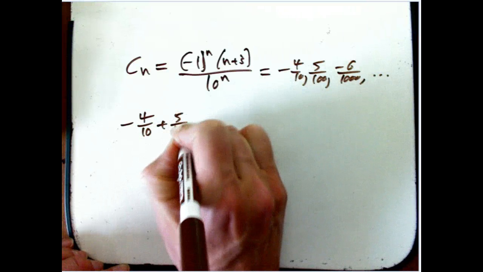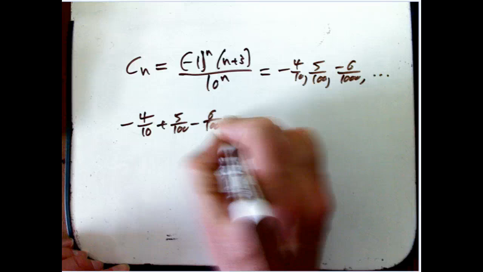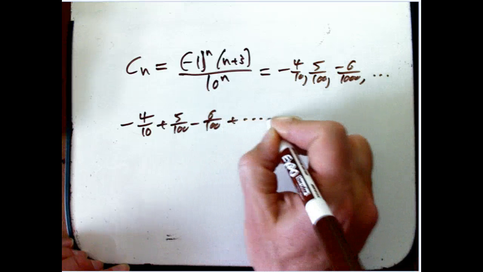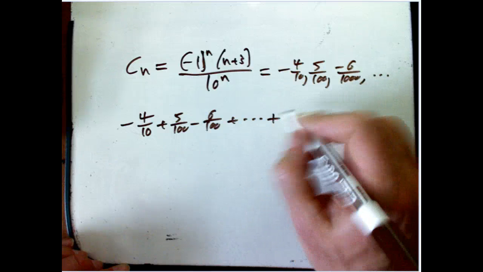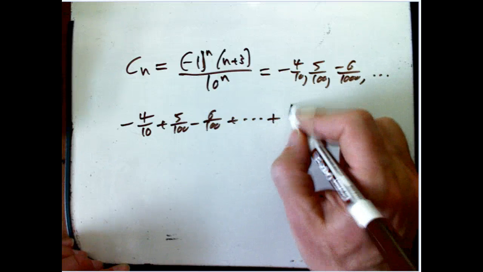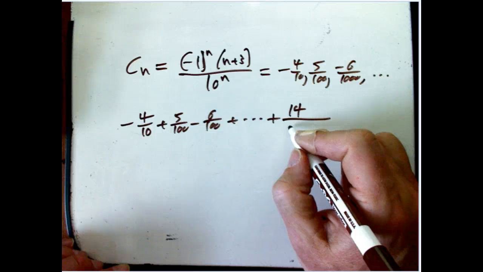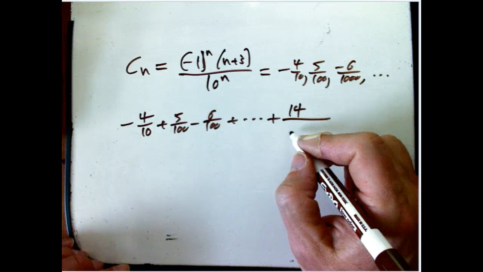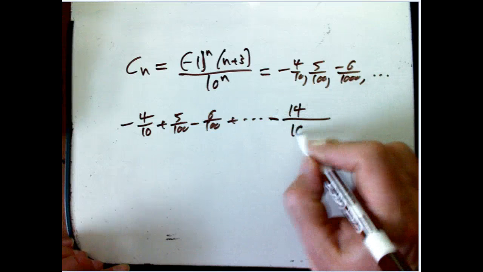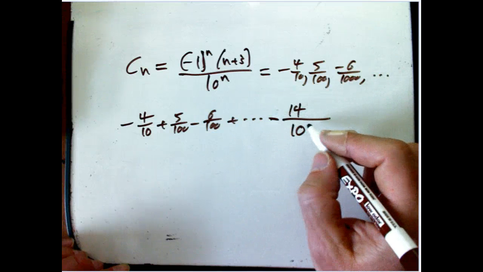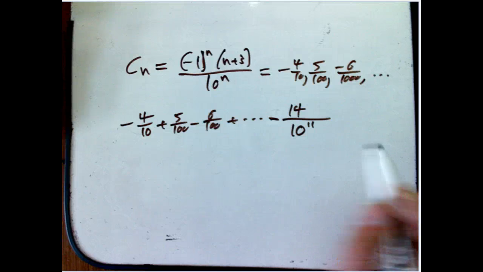If I wanted to package up the summation out to, let's say, pretty far, let's say plus 14 over, actually minus 14, over 10 to the 11th.